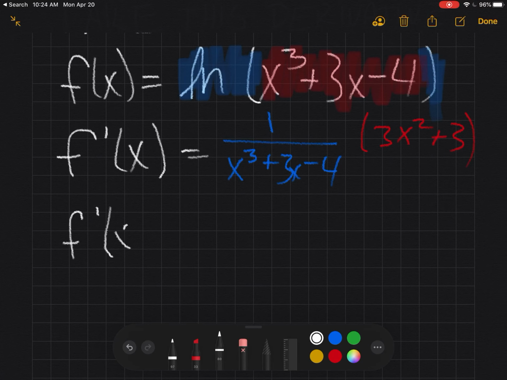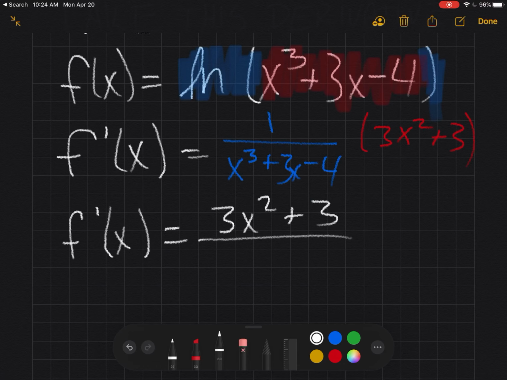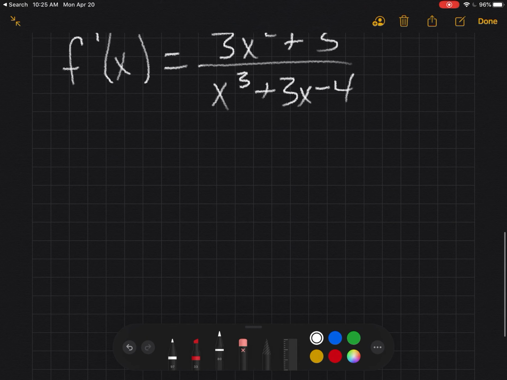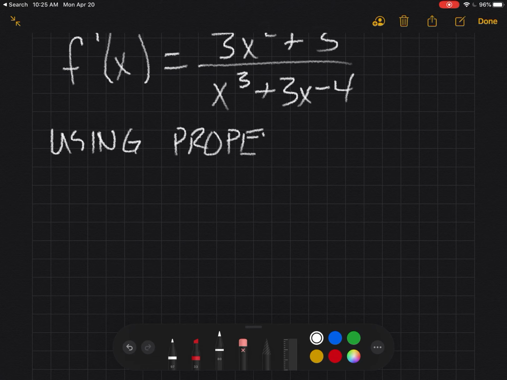So our derivative, f prime of x, is the derivative of the outside function, which is 1 over x cubed plus 3x minus 4, times the derivative of the inside function, which is 3x squared plus 3. That gives us f prime of x equals 3x squared plus 3 over x cubed plus 3x minus 4.